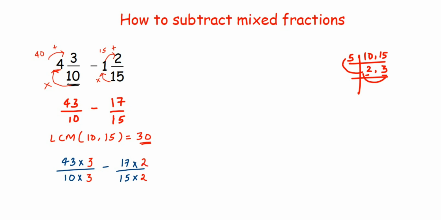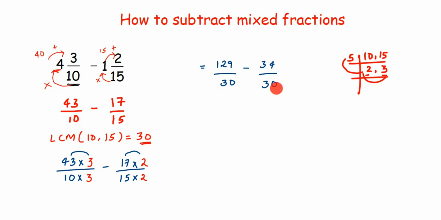Now we'll multiply these numbers. 43 times 3 is 129, so we get 129 over 30, minus 17 times 2, which is 34. We get 34 over 30. Now we can see that the denominators are the same.